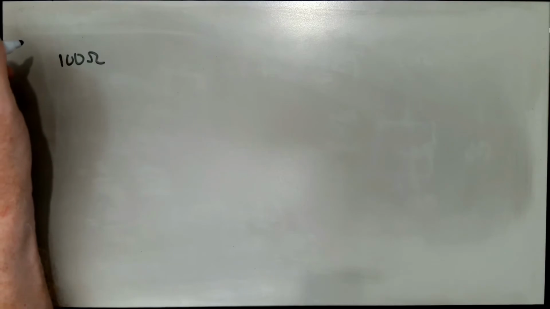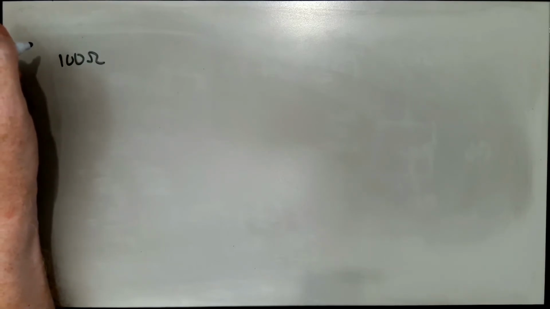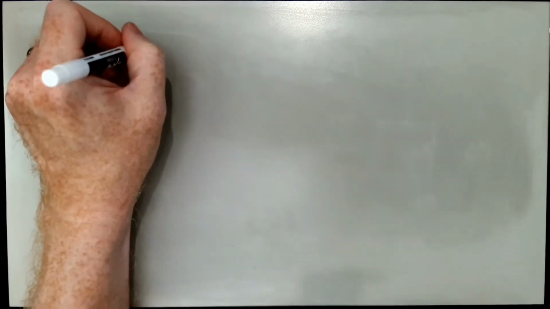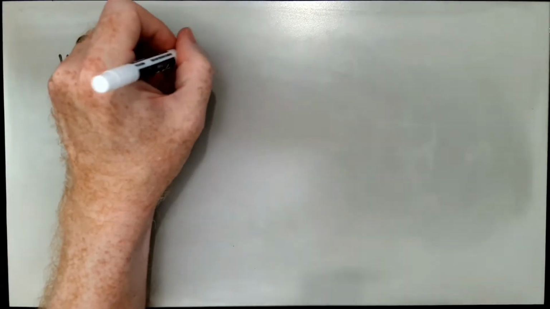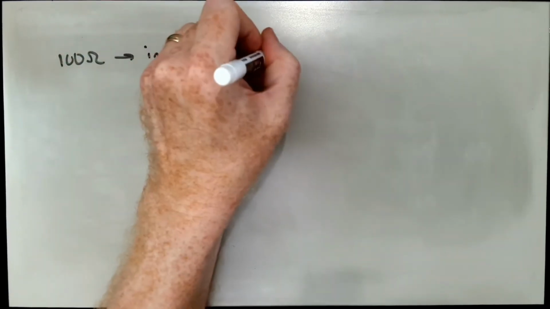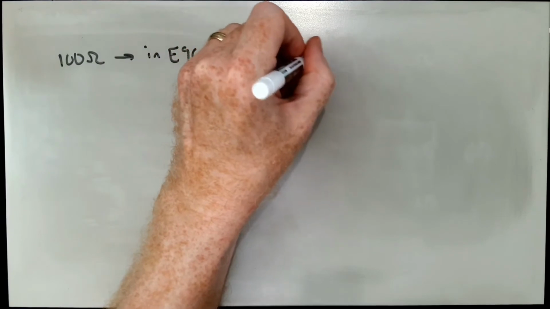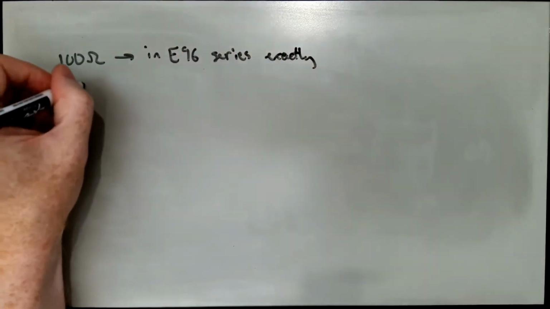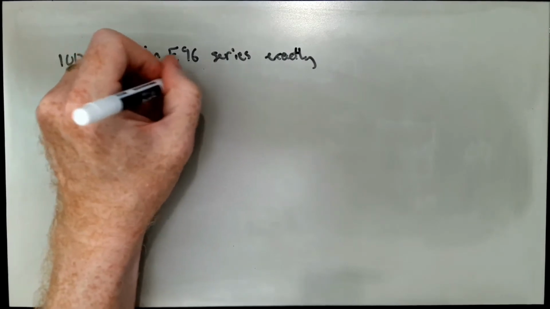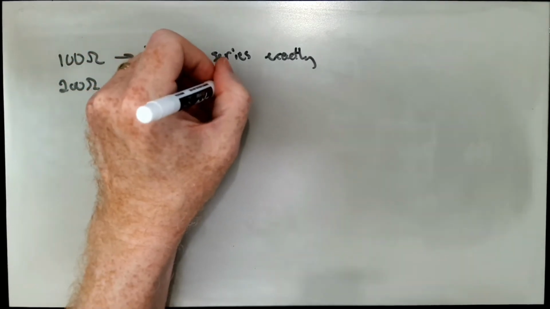So 100 ohms is in the standard set of values. It's called the E96 series of values. So this is exactly in the E96 series. 200 ohms is in the E96 series.